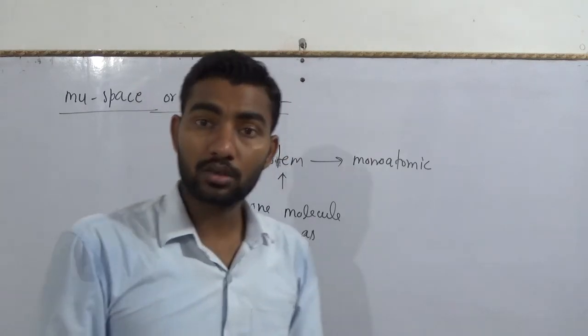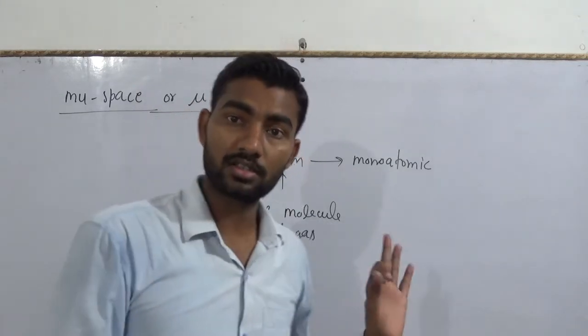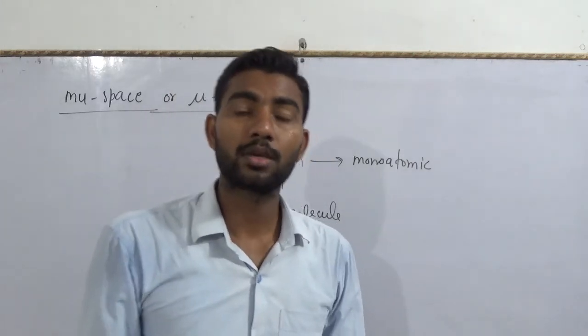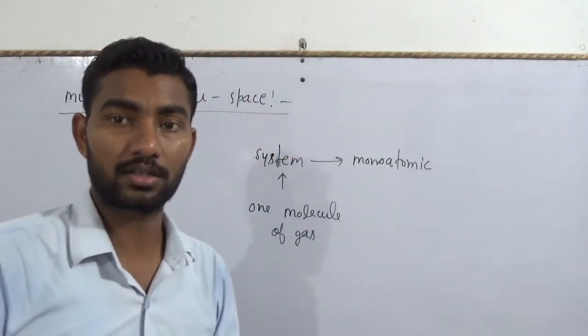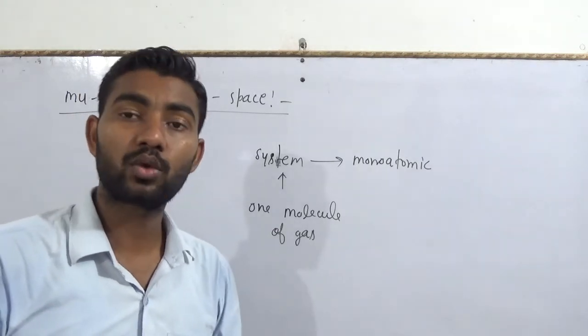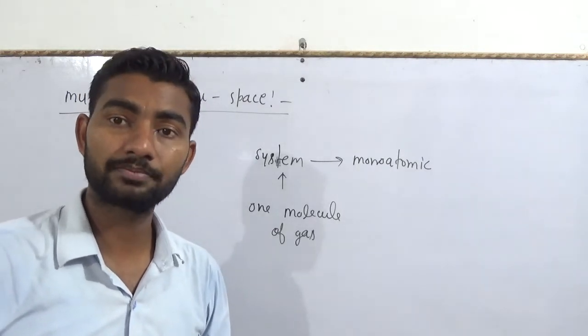If we want to find out the state of this system, then we will require position and momentum. Why will we require position and momentum?